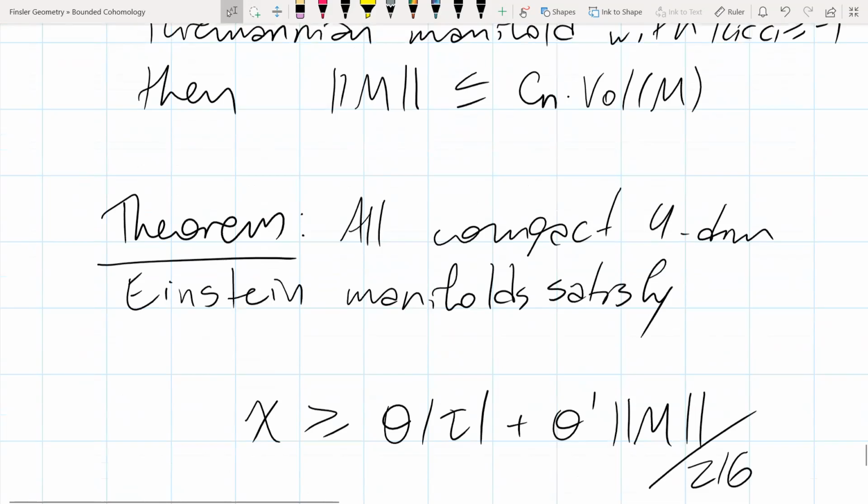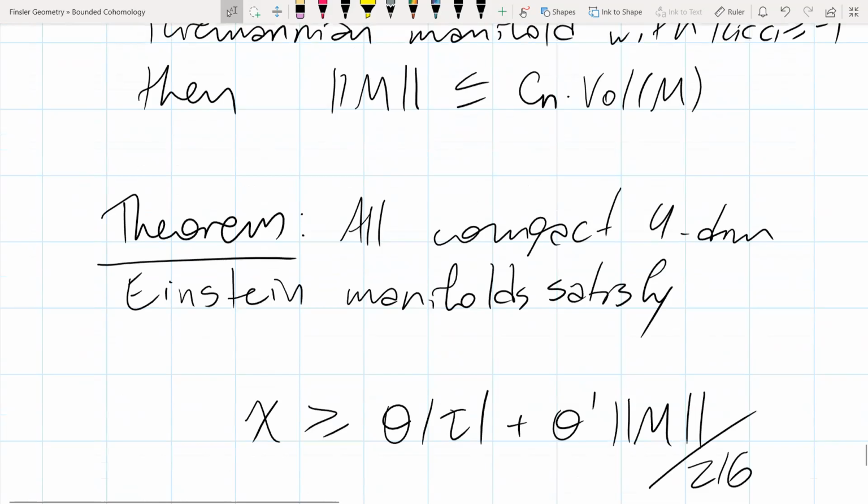So when the simplicial volume is larger, this is a very strong inequality. That means the manifold is sufficiently large in pi 1. Maybe the Euler number is not that large.